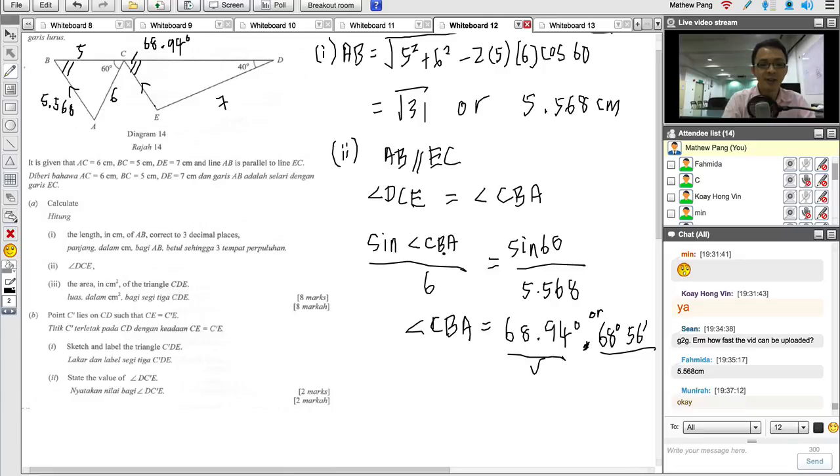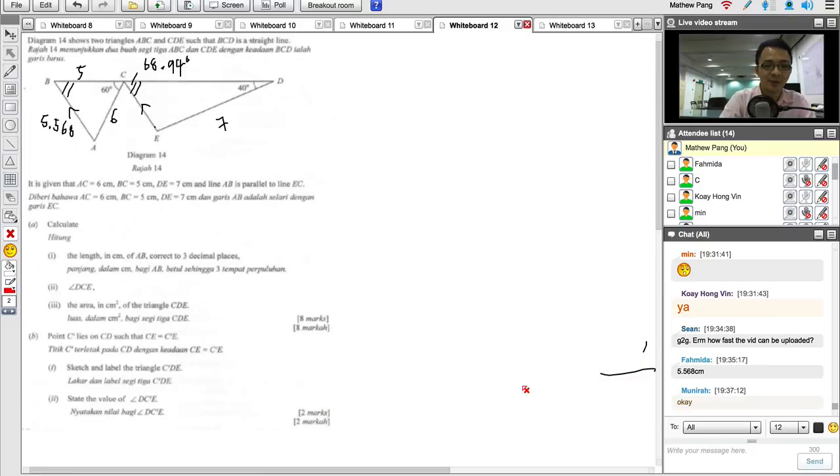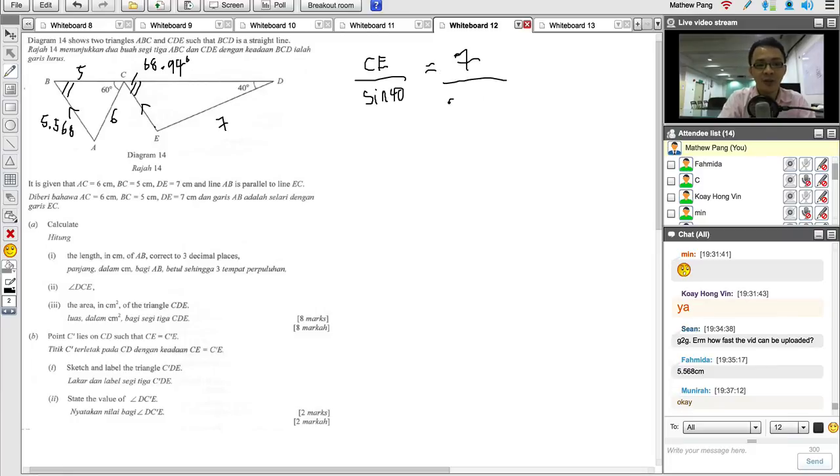Okay, sine rule again. Let me erase this one. We got all this and I labelled it in the diagram already, so let me erase it because I need more space. I want to find the CE. So CE over sine 40, CE over this angle, equals to 7 over sine 68.94.